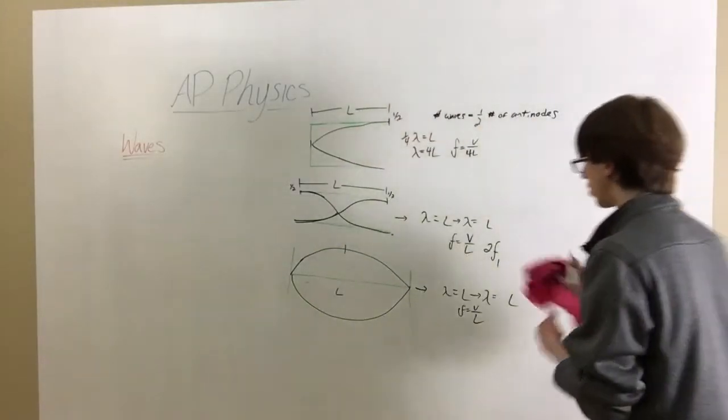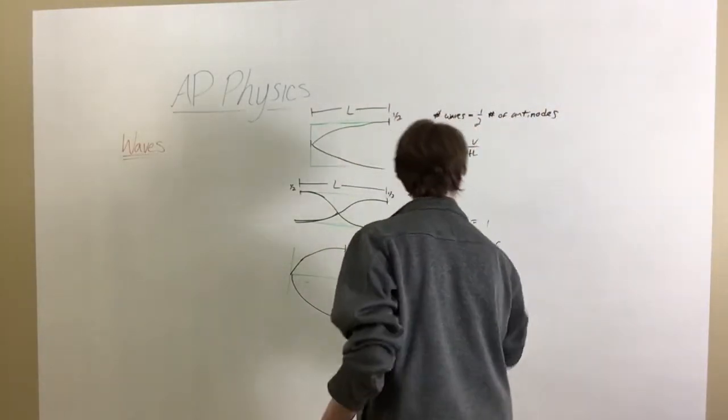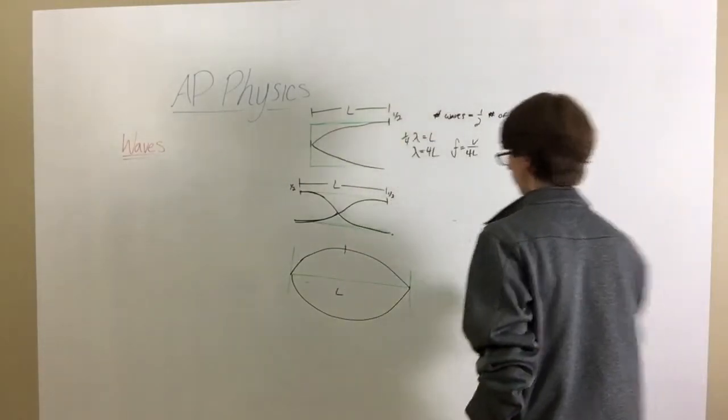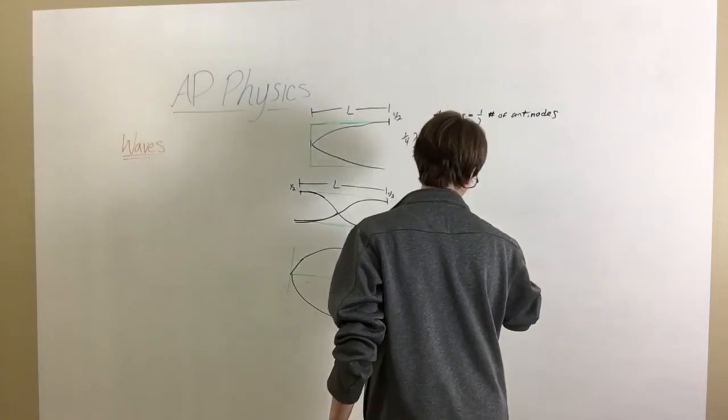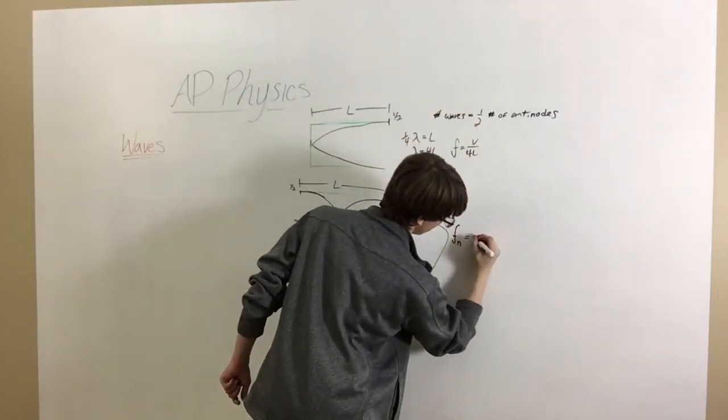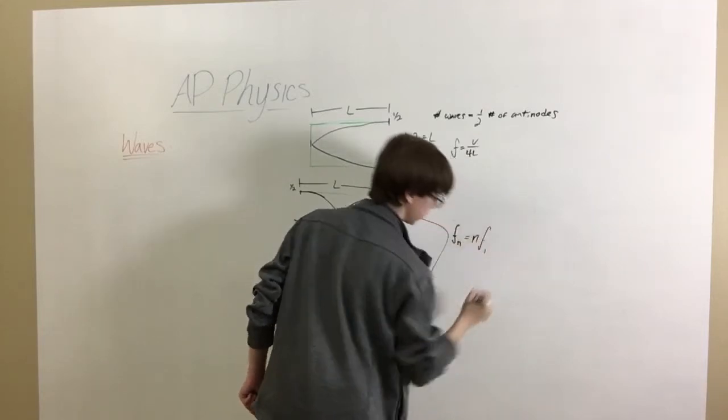And so for these two types of waves, the ones with two fixed ends or two free ends, the frequency of the nth harmonic is equal to n times the fundamental frequency.